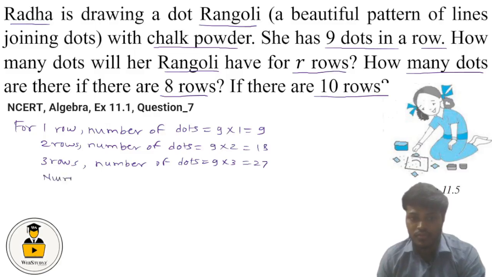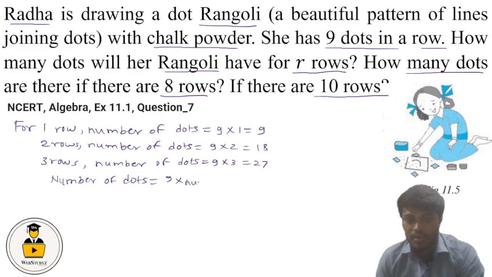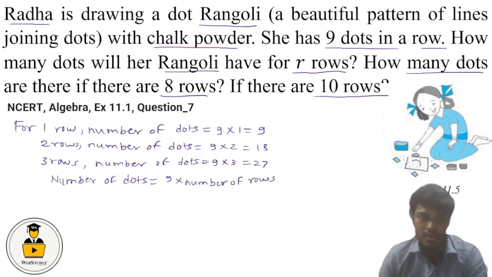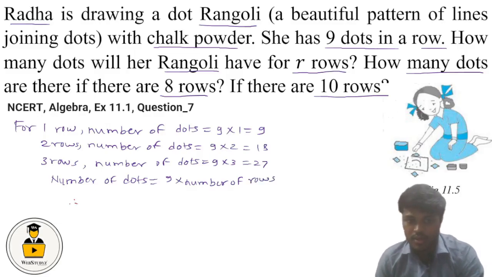The number of dots will be equal to 9 times the number of rows, and since the number of rows is given as r, therefore we can write that the number of dots will be given by 9 times r.